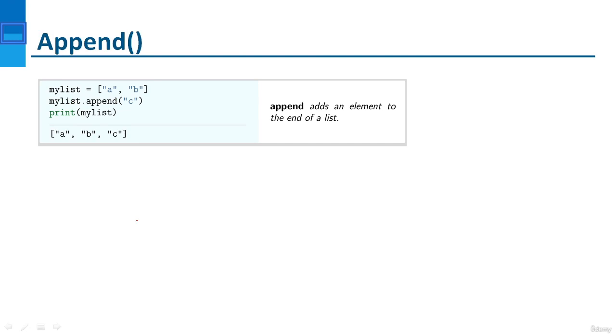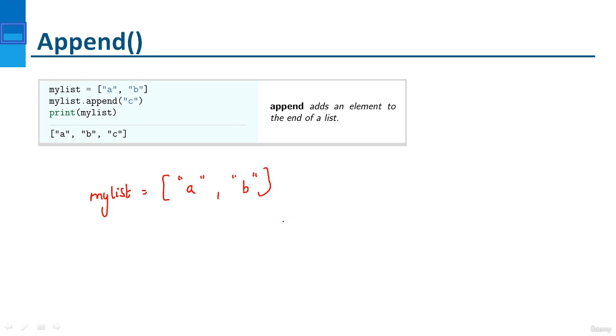Now consider creating a new list. We are considering my list is equal to elements like this: A comma B. This is the current list. Now we can append an element to the list using a built-in function performed on lists, that is the append function.